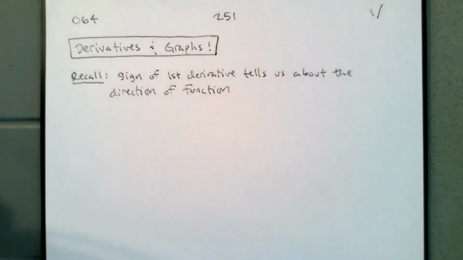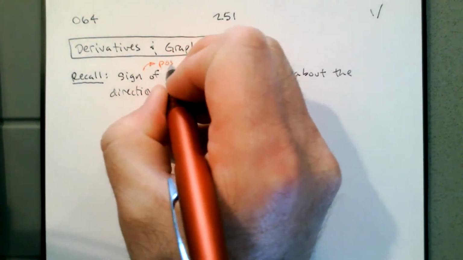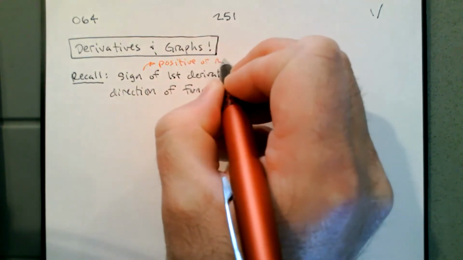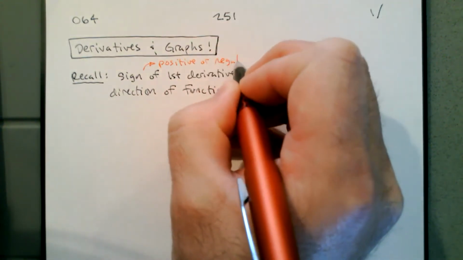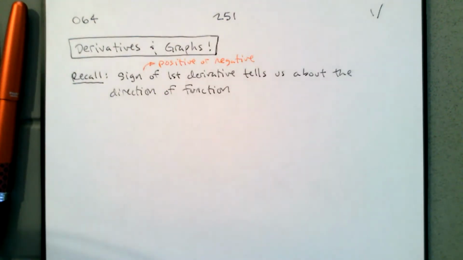By sign, I mean positive or negative. The sign of the first derivative tells us about the direction of the function.